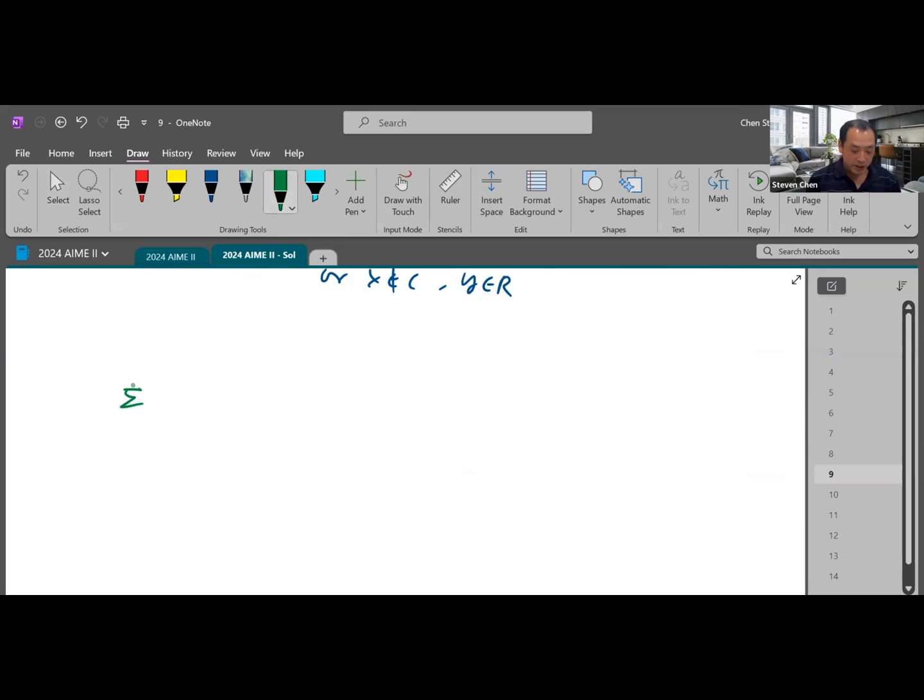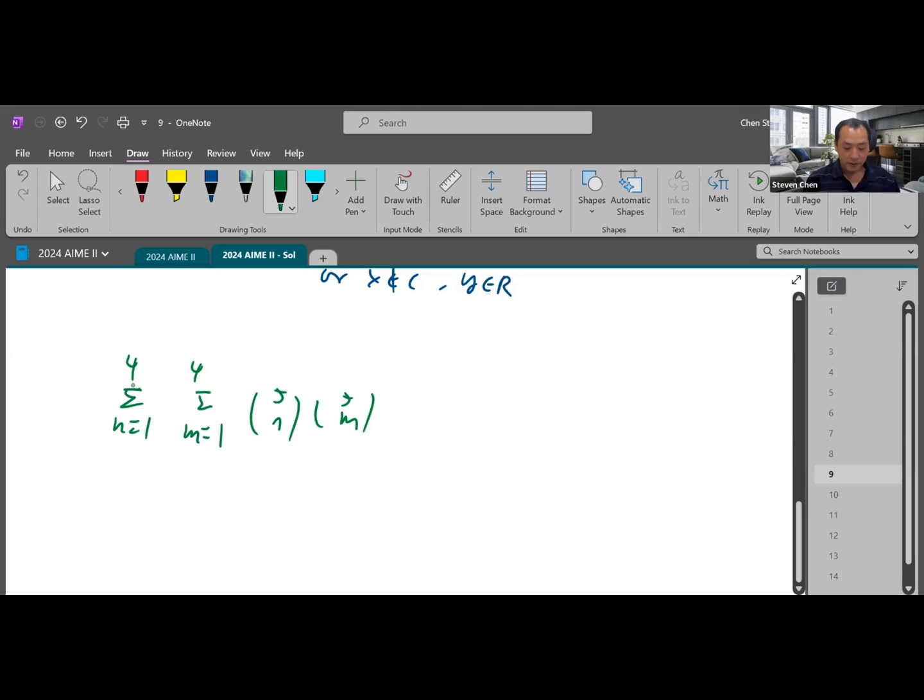Let me use notation N to denote the number of columns that are occupied by white chips. It's from 1 up to 4. Let me use M to denote the number of rows occupied by white chips. This is from 1 to 4. Given N and M, because we have 5 columns, it's 5 choose N times 5 choose M. So we can do the summation of the binomial numbers separately.